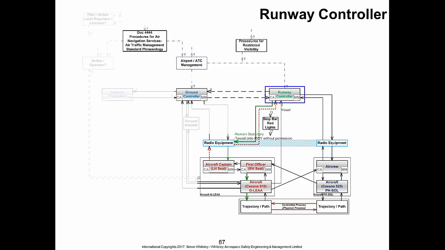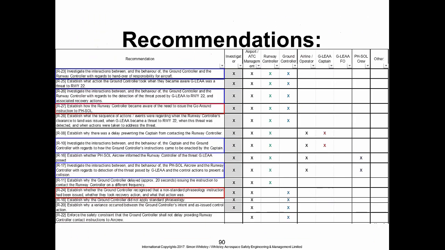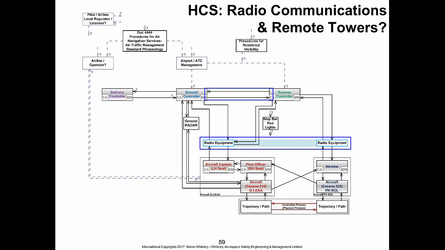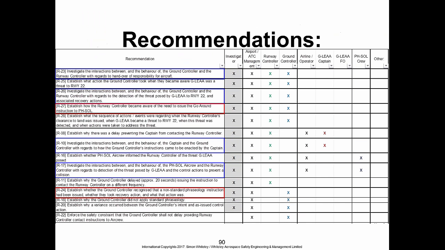In this scenario, the reason for that is because the procedures for using the stop bar red lights stipulated that they should only be used during restricted visibility. And clearly there's a mitigation there that could have benefited a day when the visibility was not restricted. So let me just pick up what Mark said. So where is it?